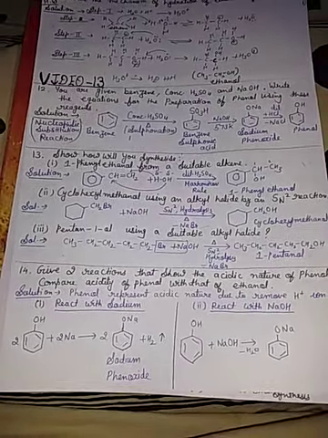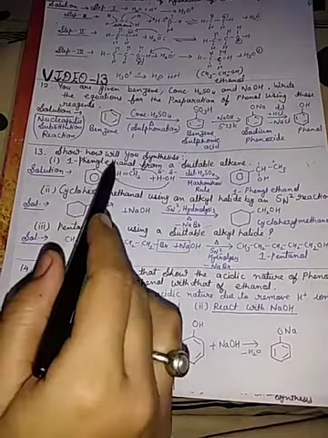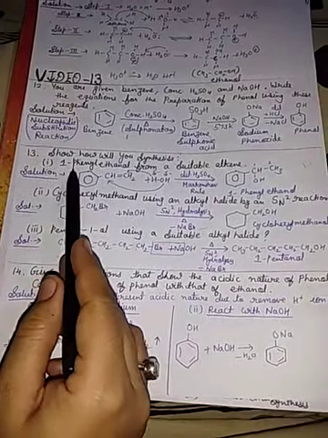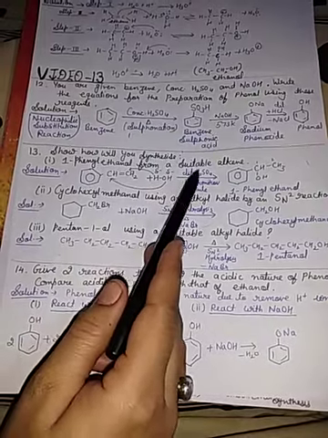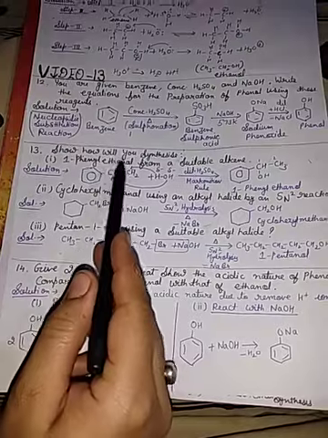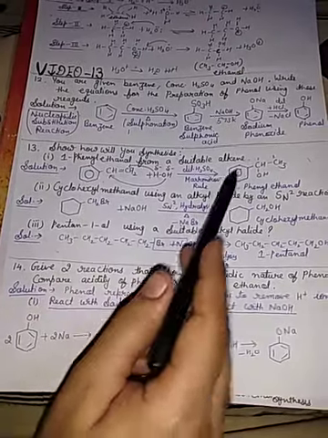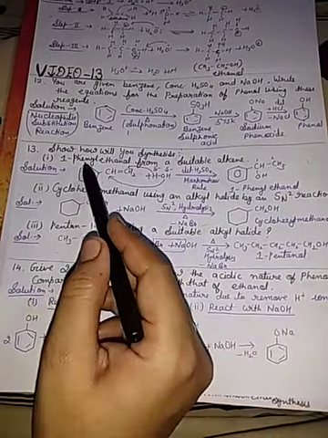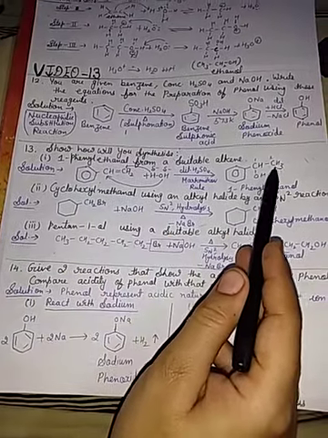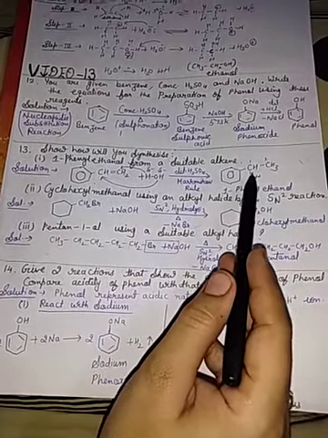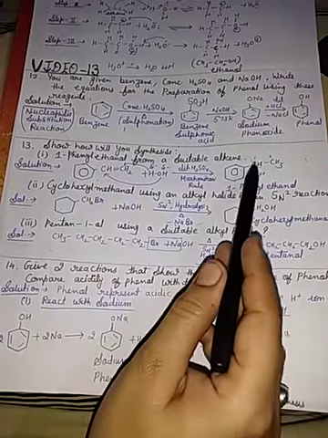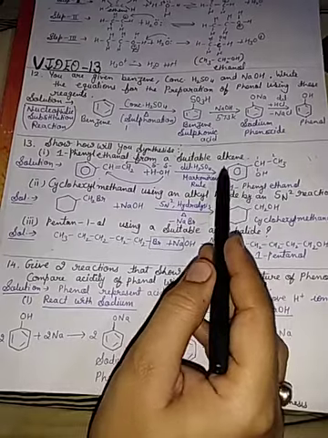Next, question number 13. Show how you will synthesize, first, 1-phenyl ethanol from a suitable alkene. So we take an alkene and form 1-phenyl ethanol. First draw the structure of 1-phenyl ethanol. Ethanol means 1 and 2 carbon, and OH is attached to the first carbon. 1-phenyl means the first carbon is attached to a phenyl group.